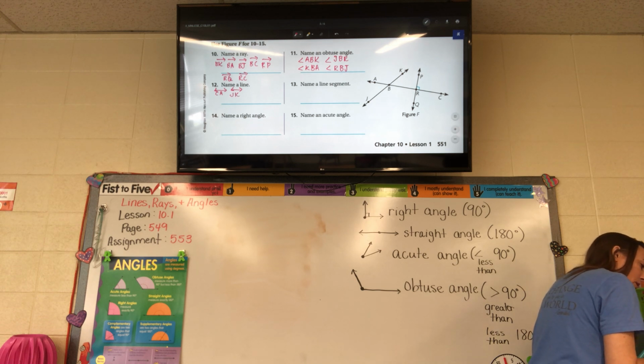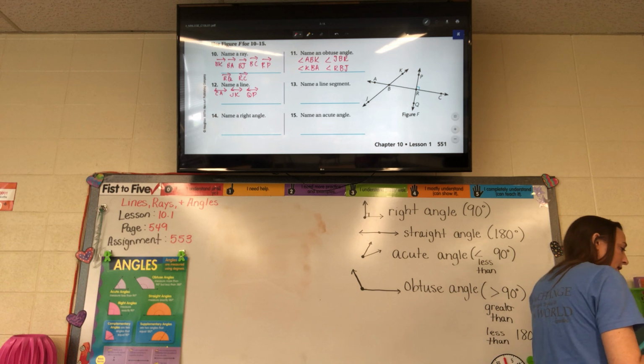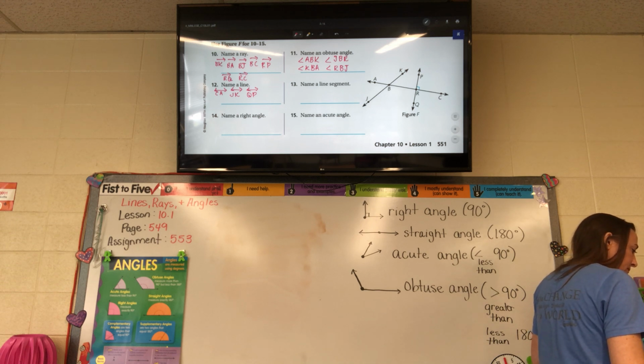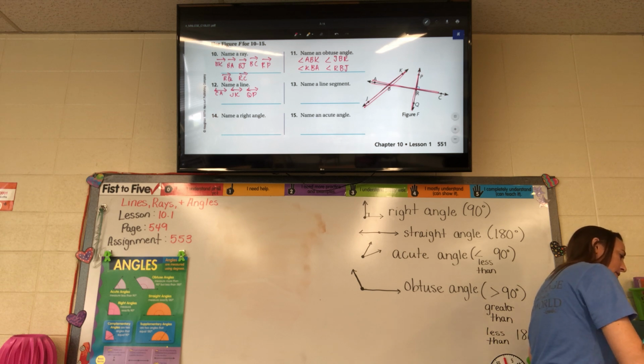Line QP or PQ. I think that gets them all. So I got AC or CA, and I got JK or KJ, and PQ or QP. All right, I think I got them all.